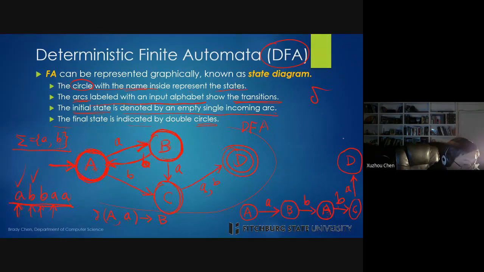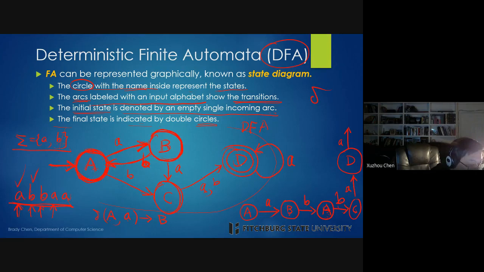And then, what's the next state we're going to go to? The input is A, and it is not defined. So this deterministic finite automata is not complete, and I need to continue building it. Now let's say if the current state is D and the input is A, I point to itself.